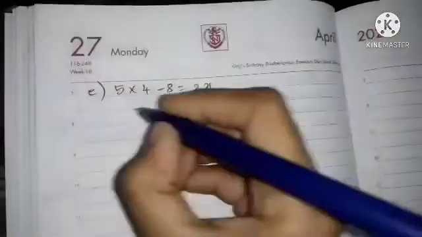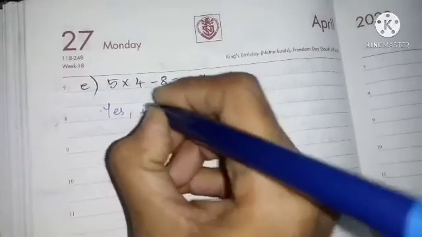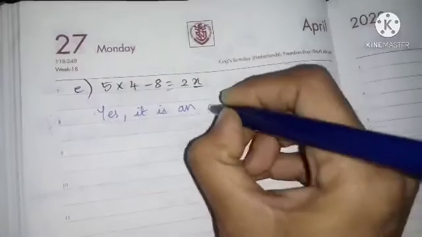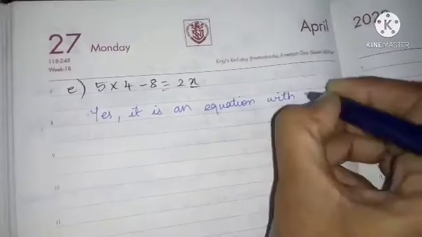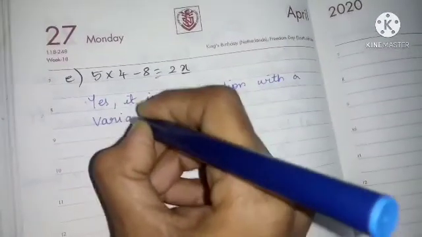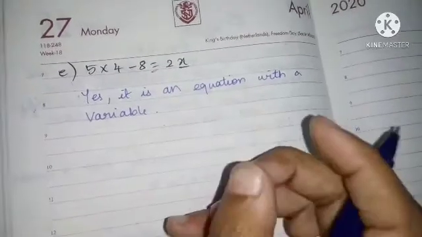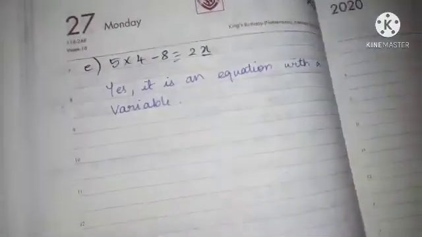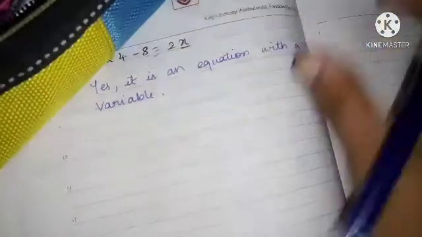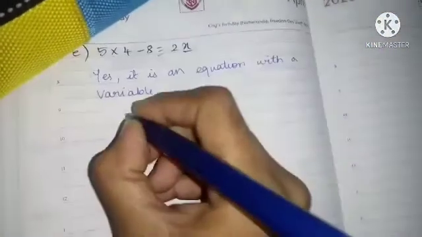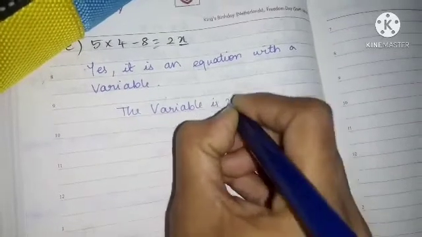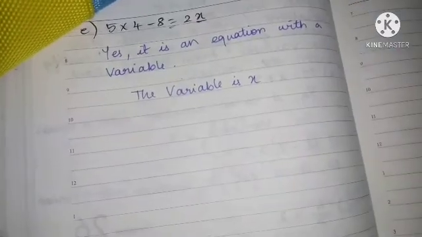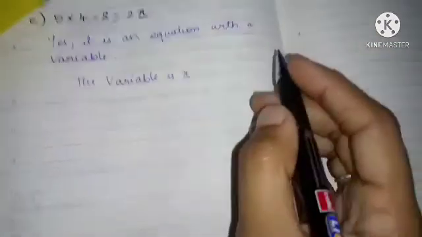So yes, it is an equation with a variable. After writing this statement, you should write what the variable is. The variable is x.